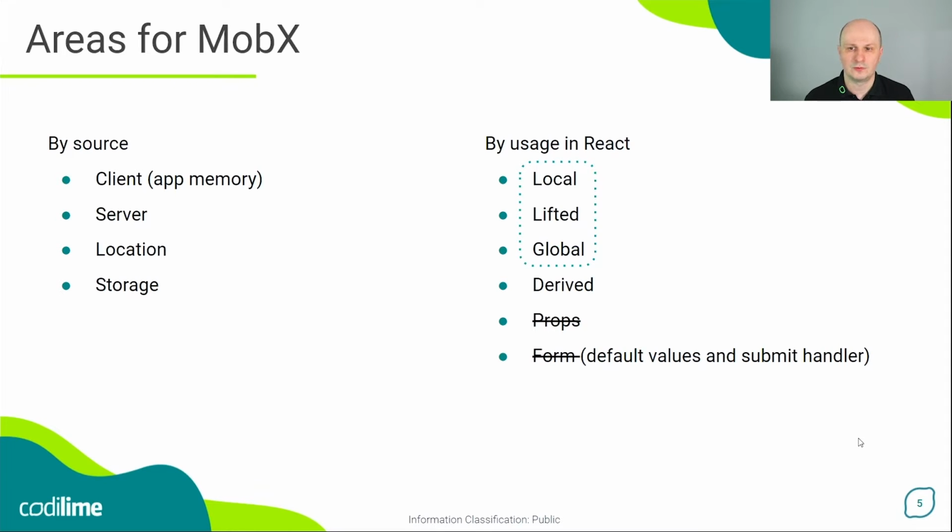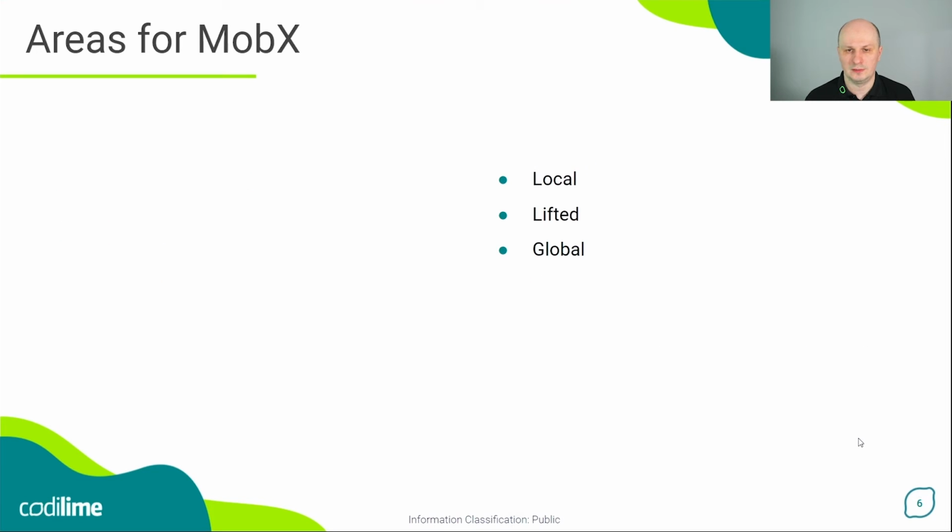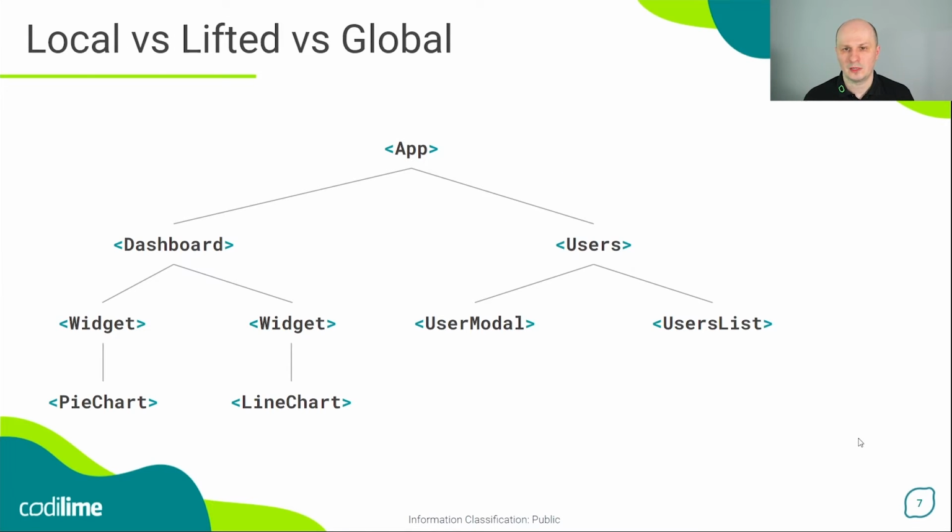I need to focus on local, lifted and global state to figure out how to implement them using MobX. We have an application with an app component at the top, users and dashboard components as child components, and each one has its own children. So when we create and use the state inside the users list component and it's not passed down to its children, then we have a local state.